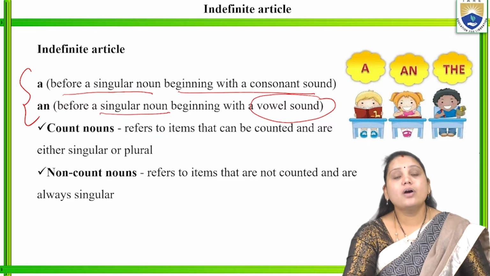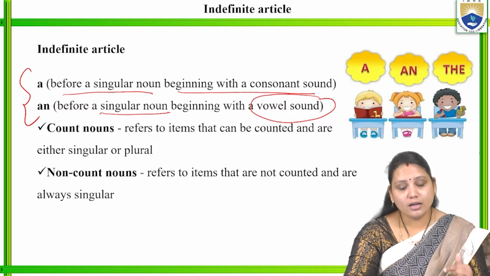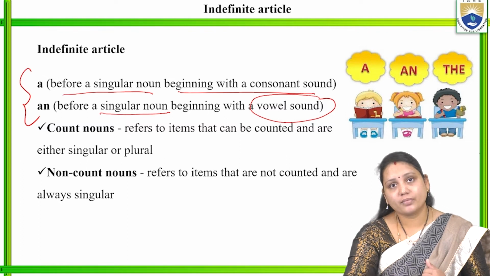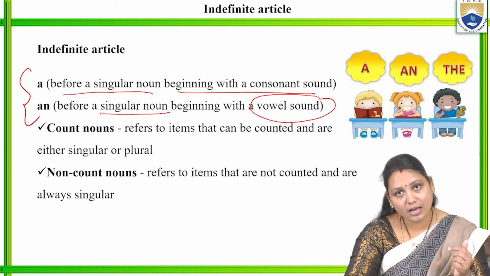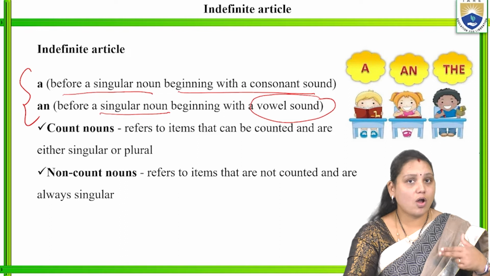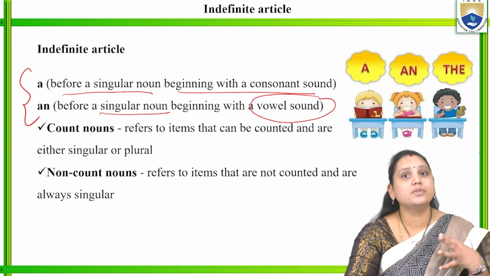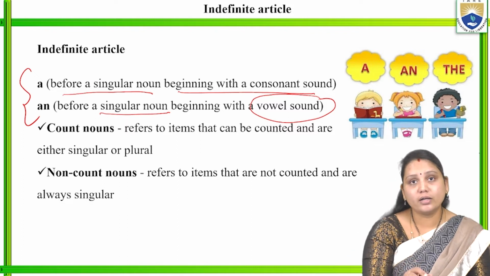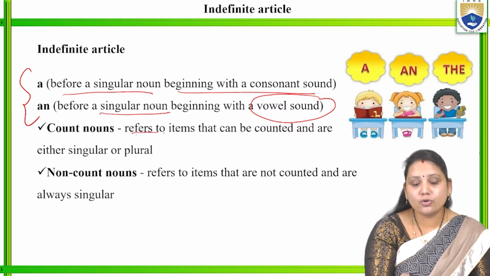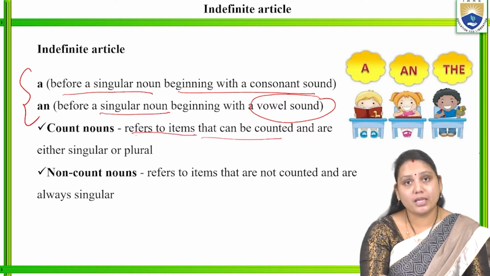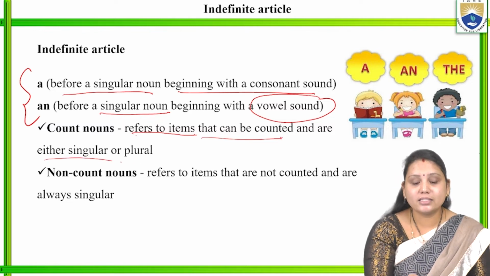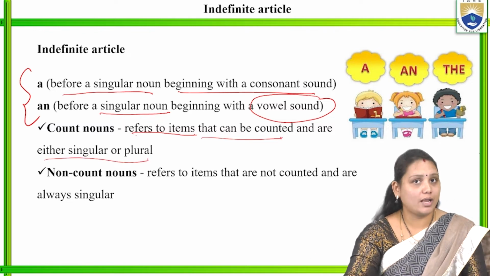Next, we have count nouns and non-count nouns. Nouns that can be countable and that cannot be counted. Now, how are you going to use these articles with those? We will see. Now, what are count nouns? They refer to items that can be counted and are either singular or plural.